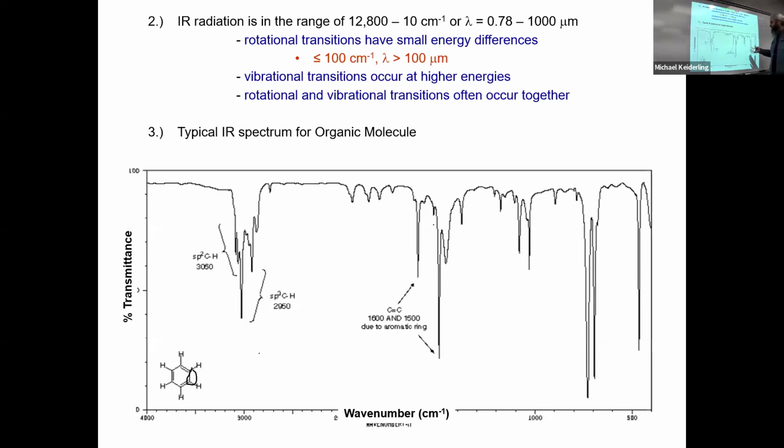This is a typical IR spectrum for an organic molecule. It is going from high wave number down to low wave number. This is benzene. So this is the CH bond here. This is the CH bond here. Basically, those CH bonds here. This is the double bonds from the aromatic ring over here.